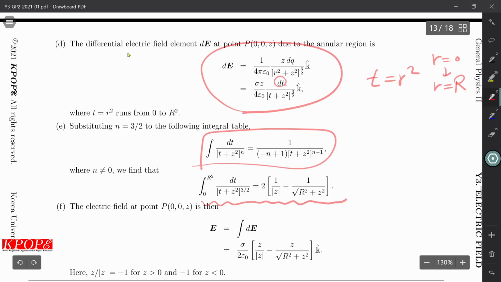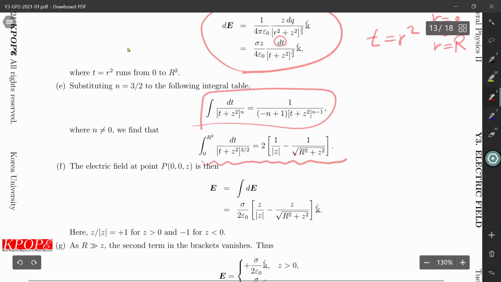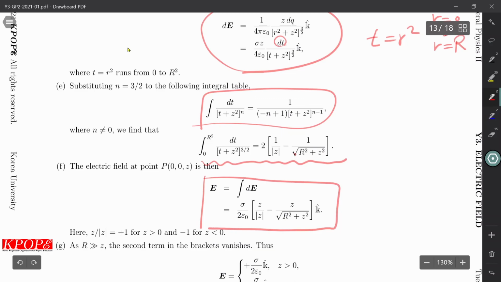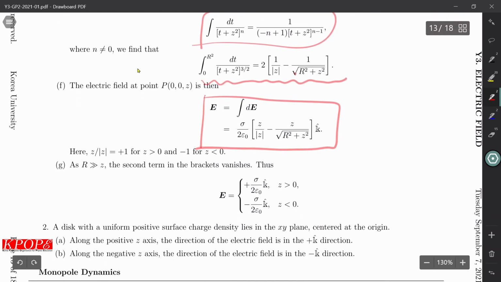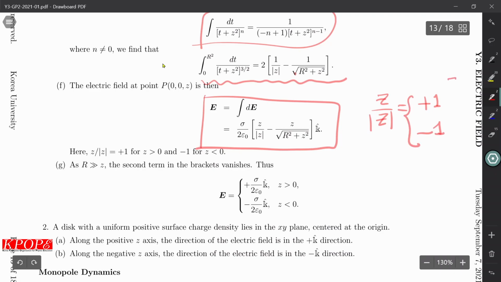Finally, substituting this integral, we have this kind of electric field. Here we have z over the absolute value of z. This is either plus 1 or minus 1, when z is positive or z is negative. So this is actually the sign of z.